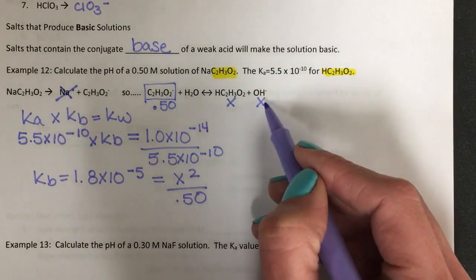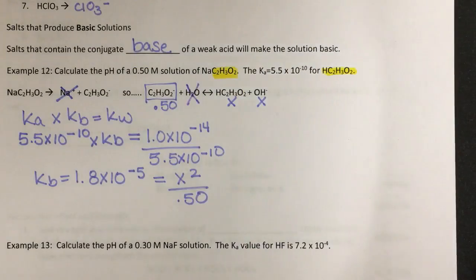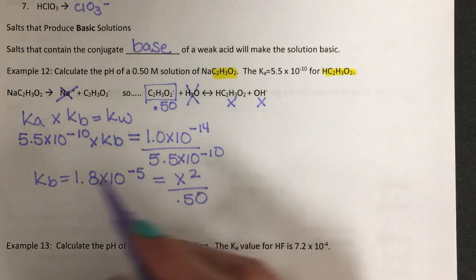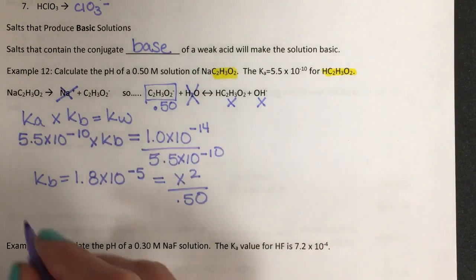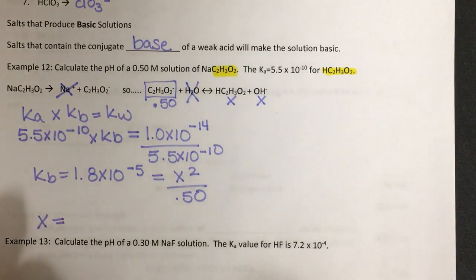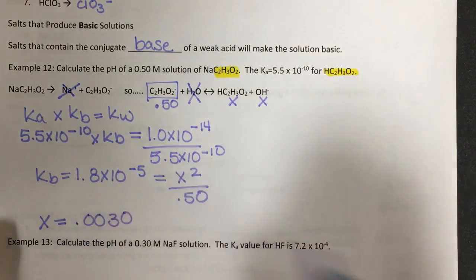My products times each other over my reactants. I ignore water because it's a liquid. So I'm going to solve for x. I multiply both sides by 0.50. Then I take the square root. X is going to be equal to 0.0030.